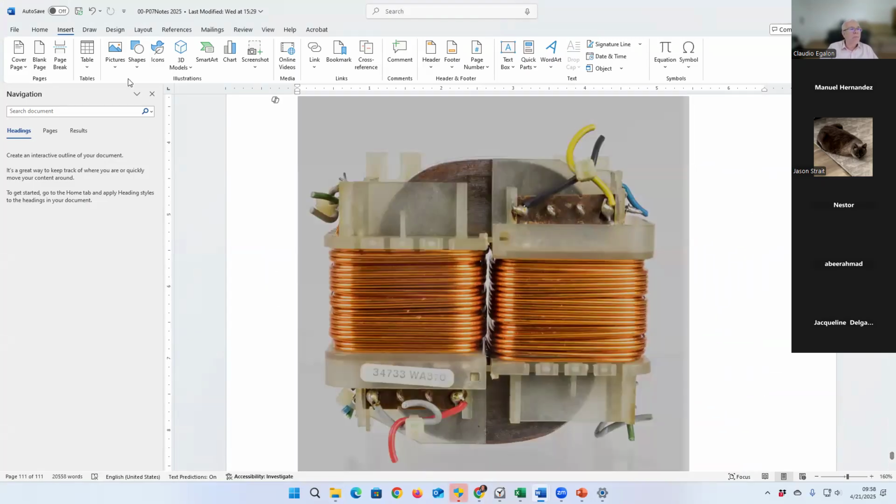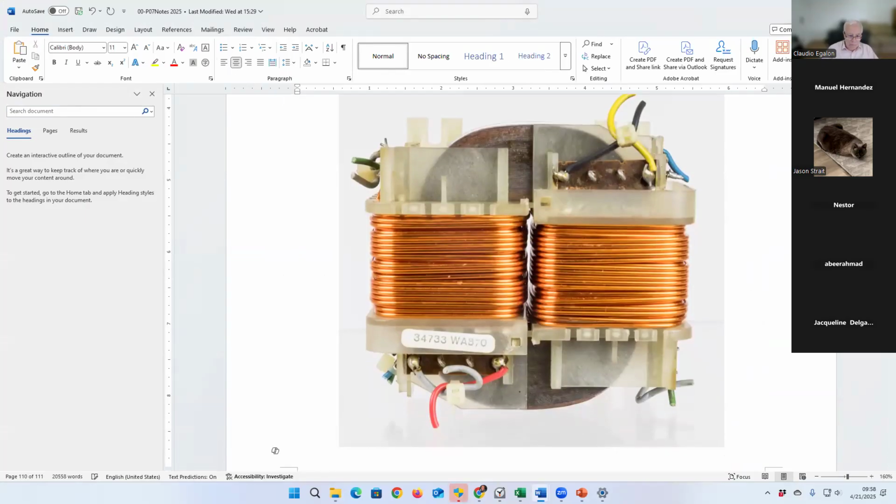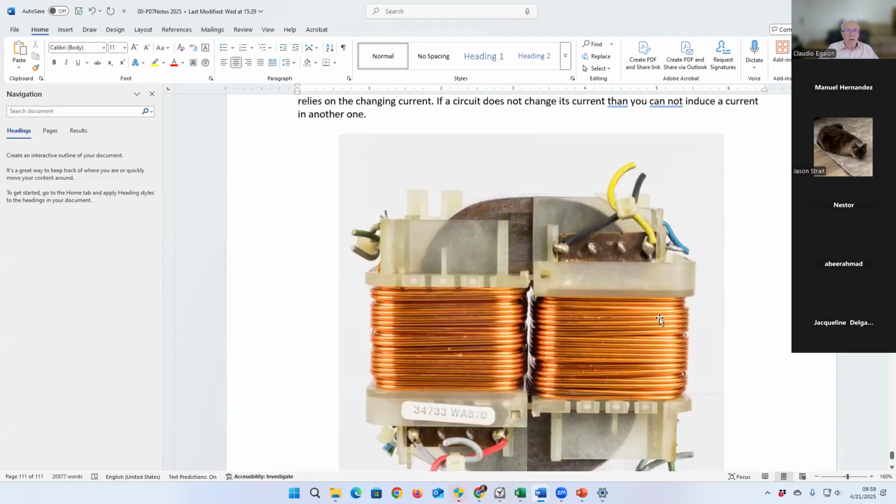Picture of a real life transformer made of two solenoids and a metallic core to concentrate the magnetic field. Okay? So let's write down here.